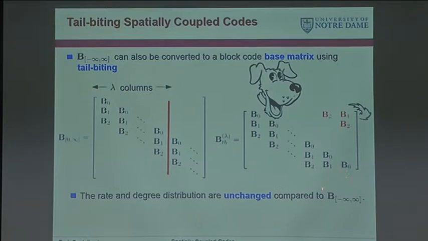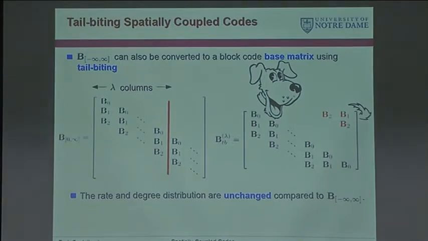When you flip the lower triangular part up here, the property that these first couple of rows had lower degrees is no longer true. You're back to full degree 6 for each of these rows, in our example. Okay? So the tail biting version of these LDPC convolutional codes is back to a full 3/6 regular ensemble.